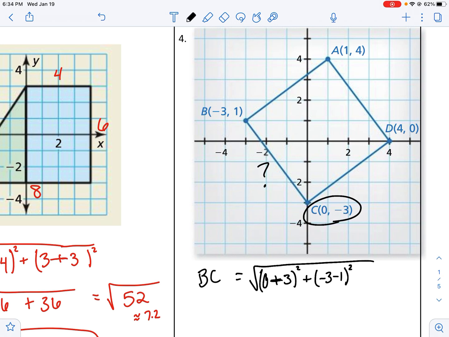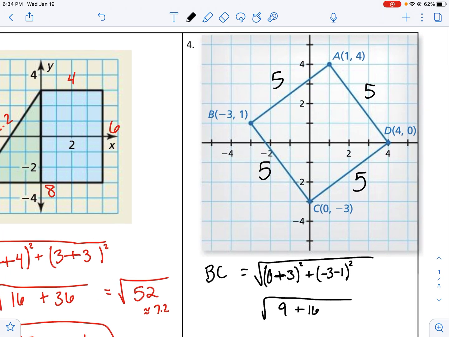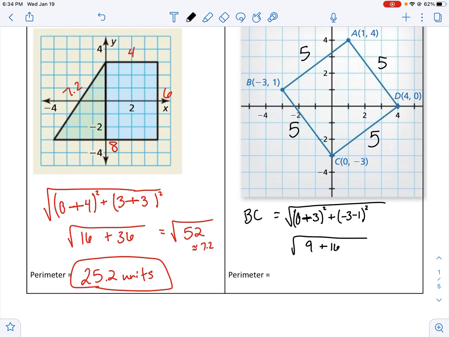Maybe you would have -3 minus 0 and 1 minus -3. That's okay too. You can switch those as long as you're consistent in the direction that you subtract. So this would be 9 plus 16, or the square root of 25, which is 5. Your other sides should also be 5. So your total perimeter, 5 plus 5 plus 5 plus 5, is 20 total units.